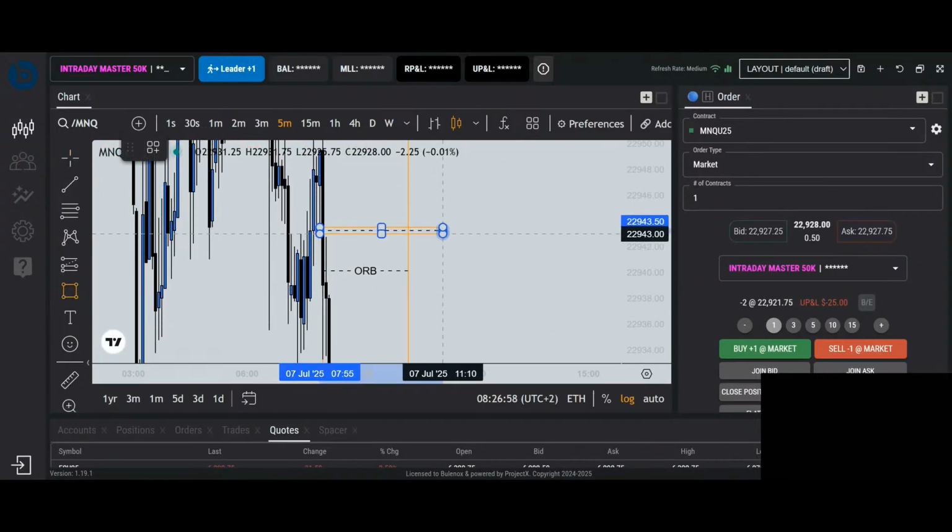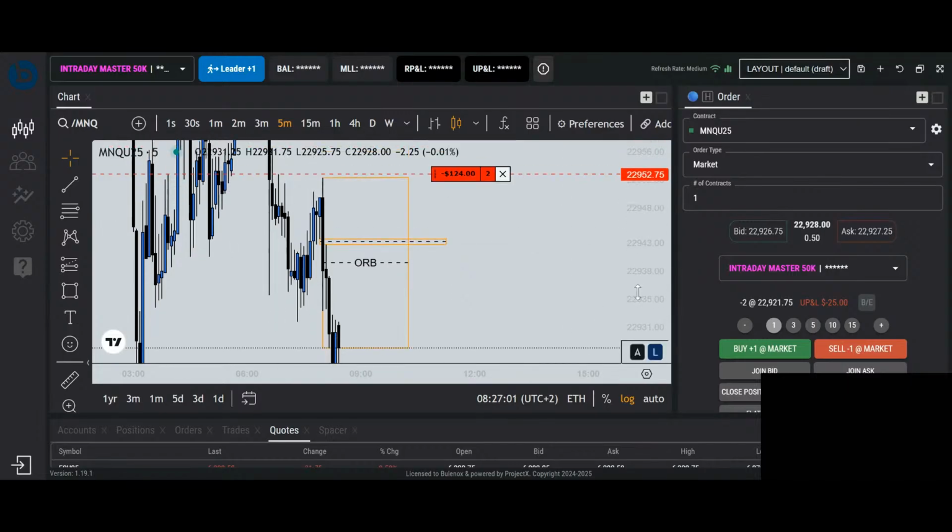The reason why my stop is all the way up there is because we have here a 5-minute fair value gap.